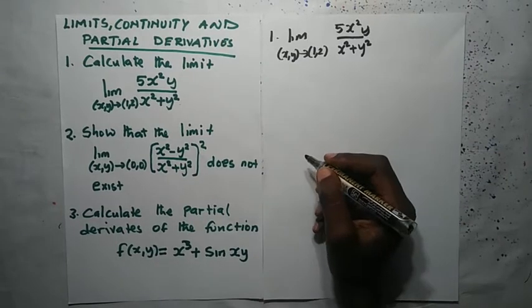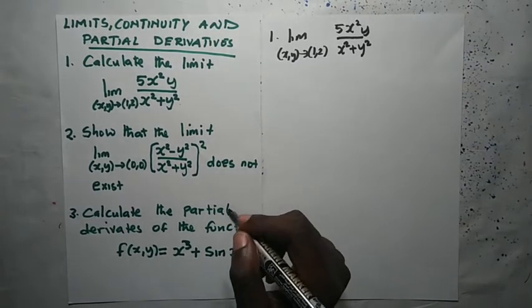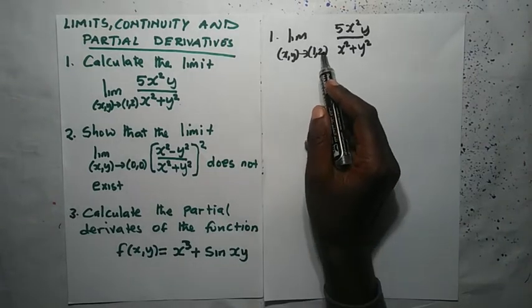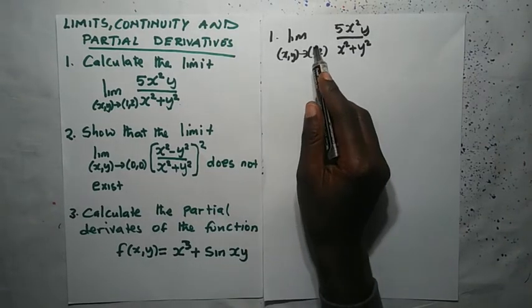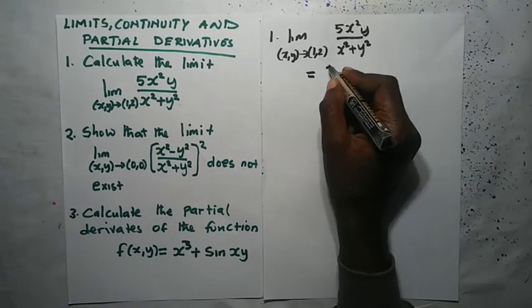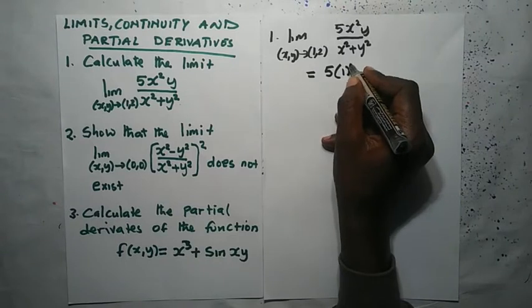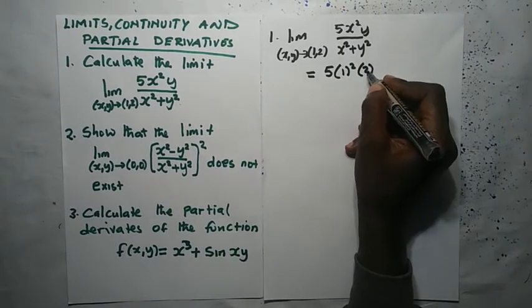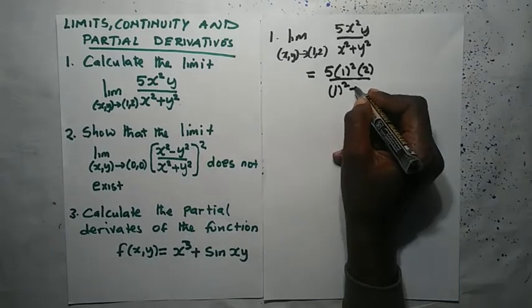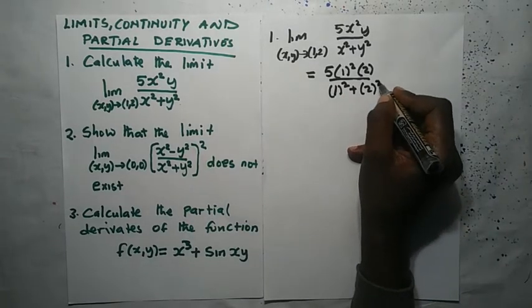For us to calculate the limit here, we are going to substitute the coordinate that we've been given, where x is equal to 1 and y is equal to 2. And so this becomes 5 times 1 squared times 2 over 1 squared plus 2 squared.